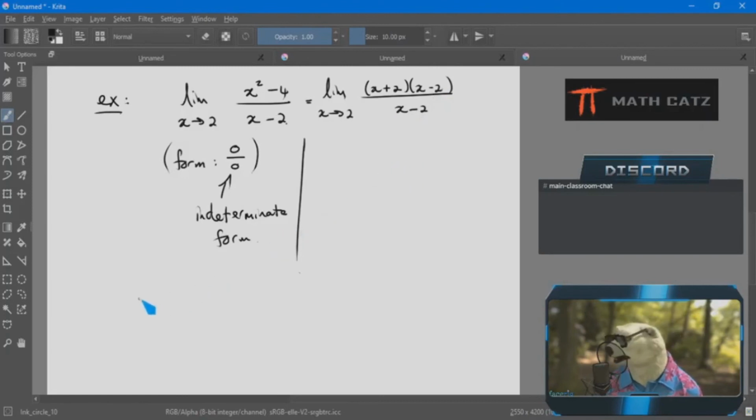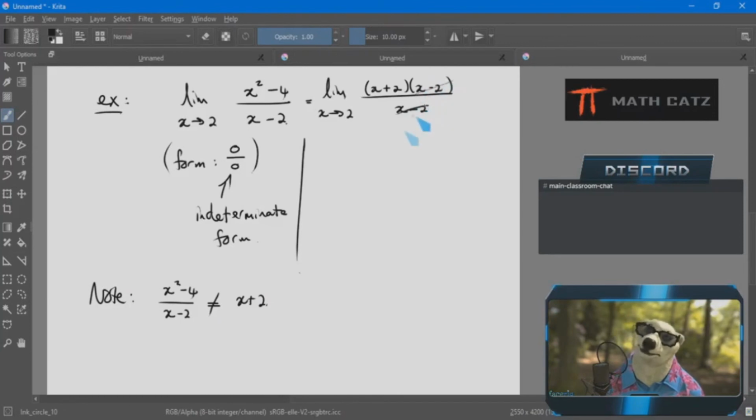Now I cannot say, let's say here, note, the function in its original form is not equal to x plus 2 when I cancel these two, right? Which I want to do. That is not true. They're not the same, because the left one is not defined at x equal to 2. The right one is. They're not the same function.